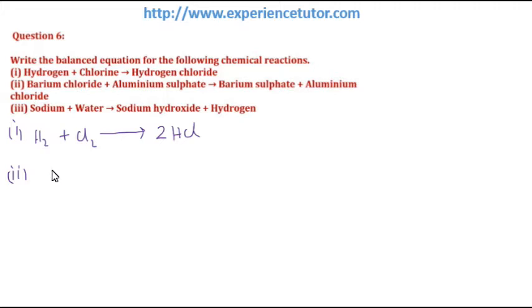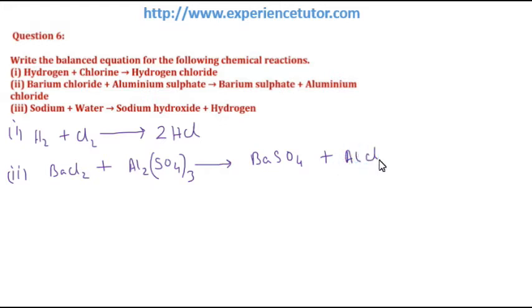So we can write BaCl2 plus aluminum sulfate, Al2(SO4)3, gives barium sulfate, BaSO4, and aluminum chloride, AlCl3. The equation is not balanced, so we'll balance the equation.